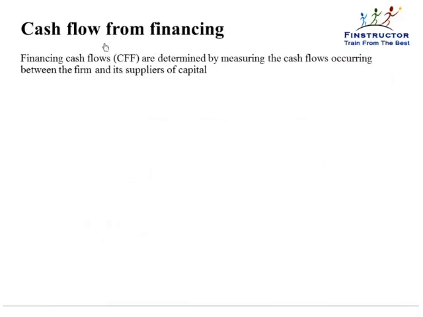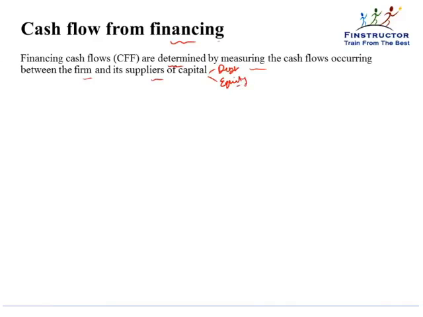The last remaining category is cash flow from financing. Financing cash flows are determined by measuring the cash exchanges occurring between the firm and its suppliers of capital, namely, broadly speaking, debt holders and equity holders.